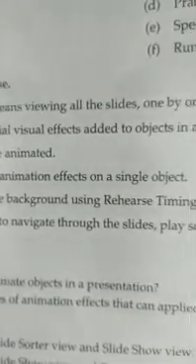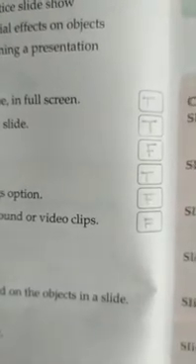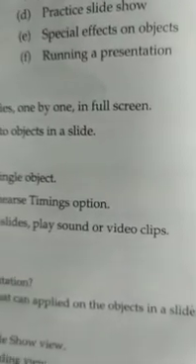So this one is true, so you have to write T here. Okay, now the second one: animations are a special visual effect added to an object in a slide. So this is also a correct statement, so you write T, that is true.